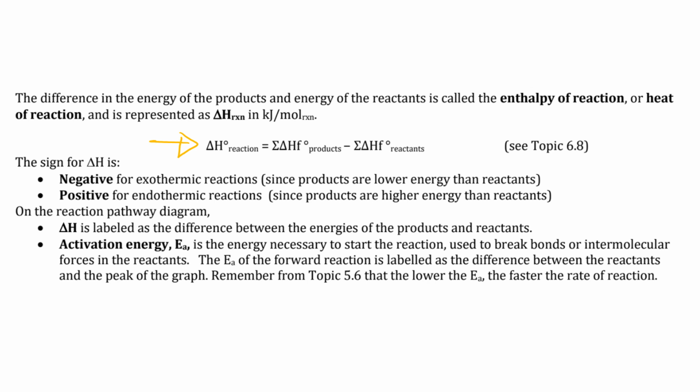On the reaction pathway diagram, like we said, we have to label delta H as well as the activation energy. Activation energy is the energy necessary to start the reaction, to break bonds, etc. So the lower the activation energy, the faster the rate of reaction.